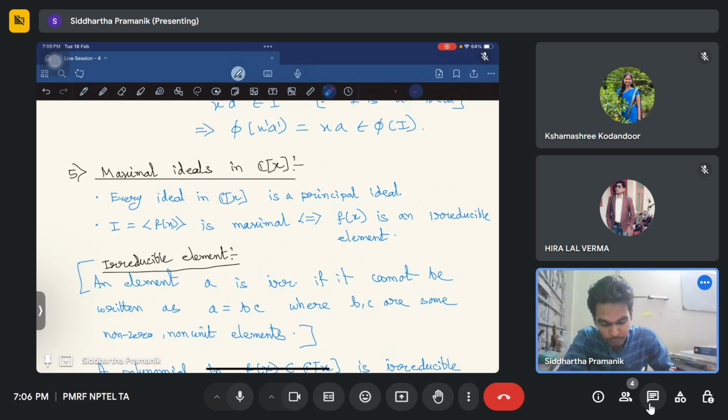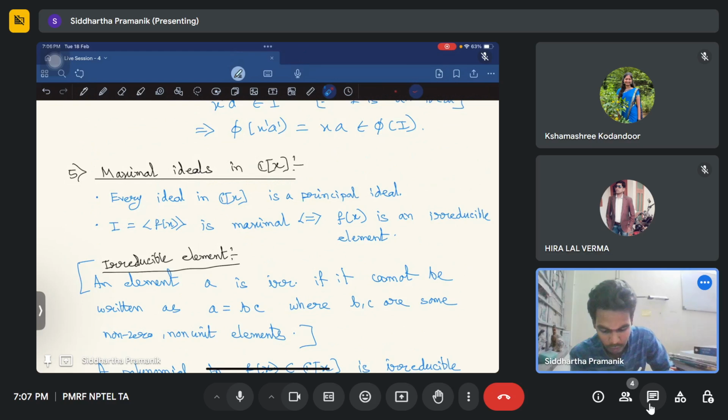So first of all, we need to find the maximal ideals of C[x]. How do the maximal ideals look? Every ideal is principal, so maximal ideals are also principal. So let's say I is a maximal ideal generated by f(x). So we need to describe this f(x).